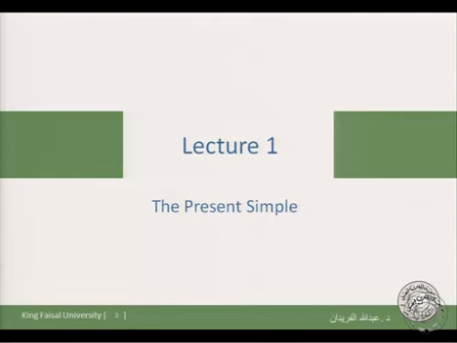All of these are everyday activities, something that we do every day. So this is the present simple or the simple present. It's okay to say the simple present or the present simple. Both are correct.